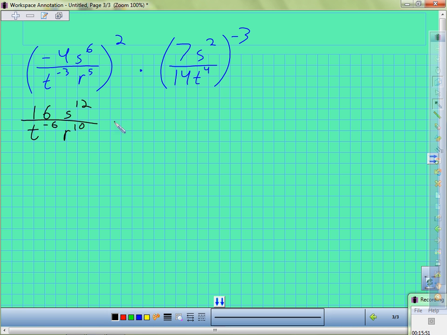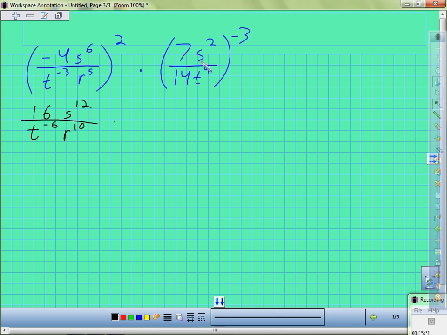Now, what do I know about this negative out here? What does that do to the stuff inside? It doesn't make it negative, it flips it. It gives us our inverse. It flips it over. If you are comfortable with thinking through it, flipped over, do that.